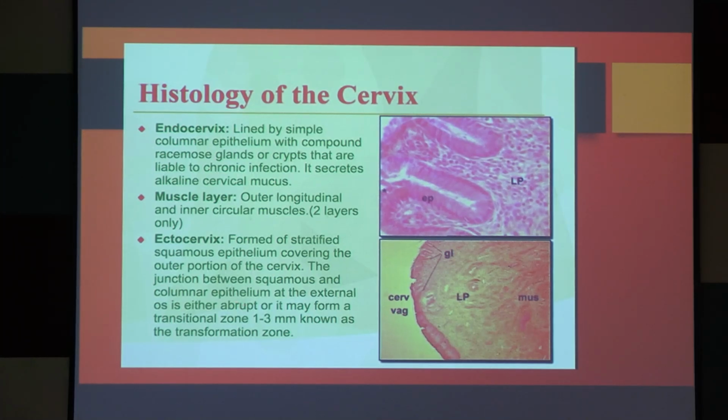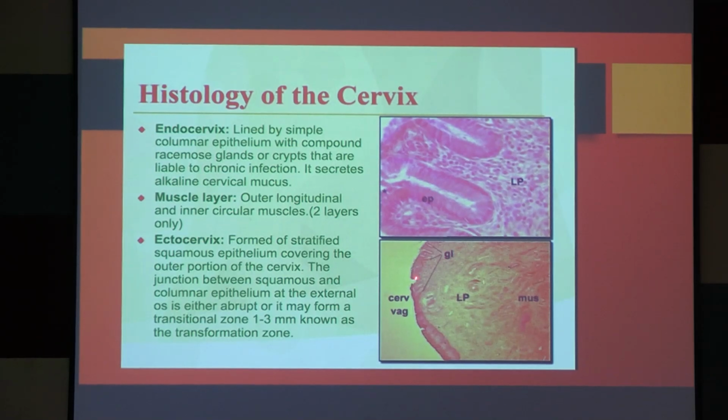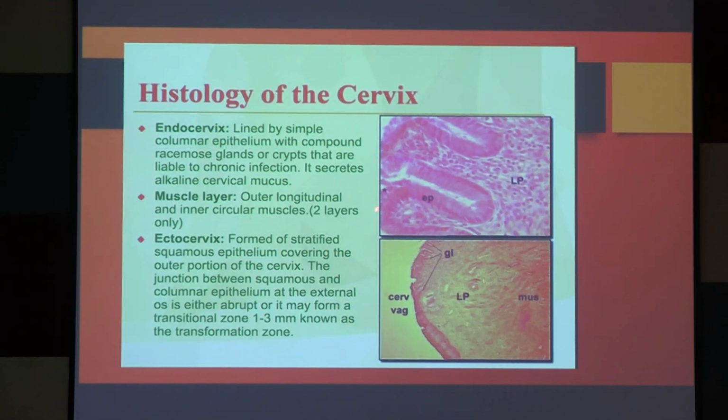Like the vagina, which is lined by stratified squamous epithelium, the ectocervix is also lined by stratified squamous. That is very important. In between the columnar cells of the endocervix and the stratified squamous cells of the ectocervix is the Squamo-Columnar Junction. That is a terminology you have to remember.